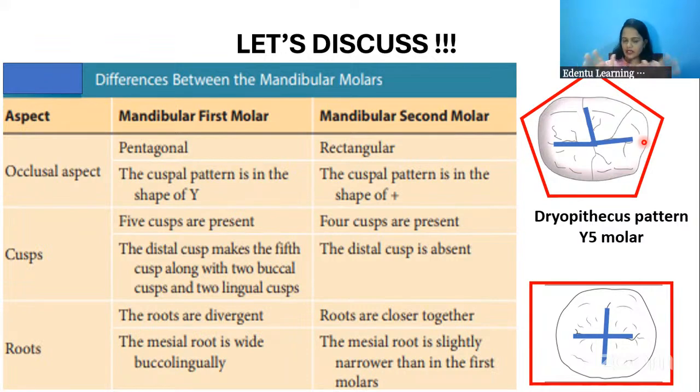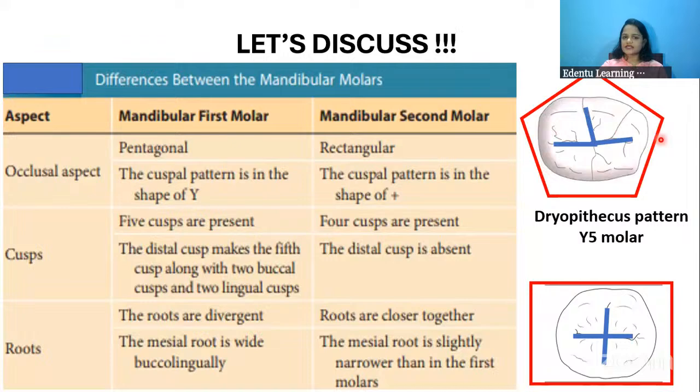The five cusp molar and the Y pattern of the cuspal arrangement is usually seen from those ancestors itself. So this pattern of the mandibular molar is also called the Dryopithecus pattern, and the first molars are also called Y5 molars, since they show the Y pattern and five cusps are there.